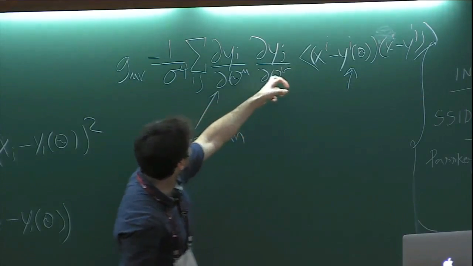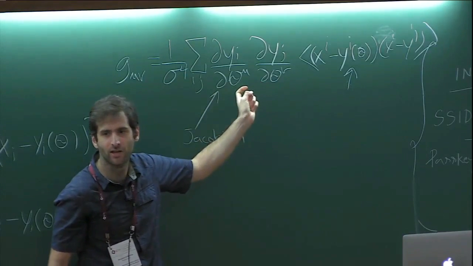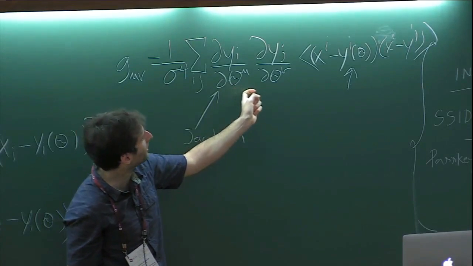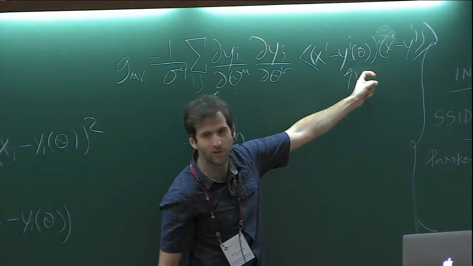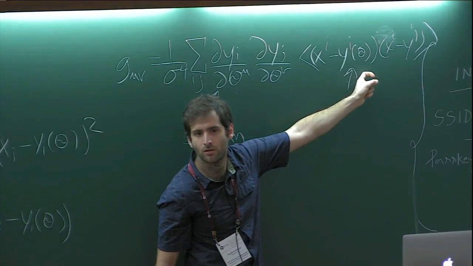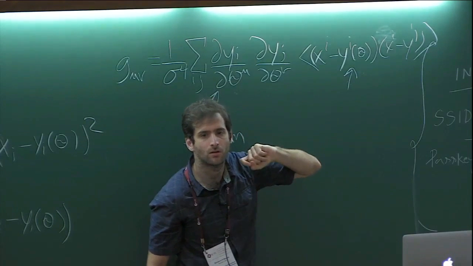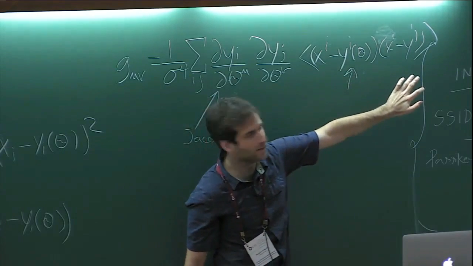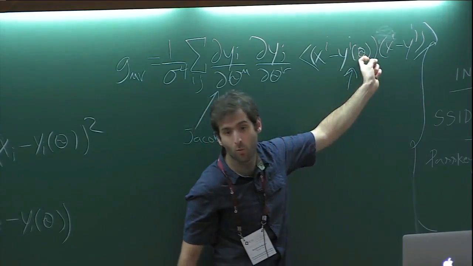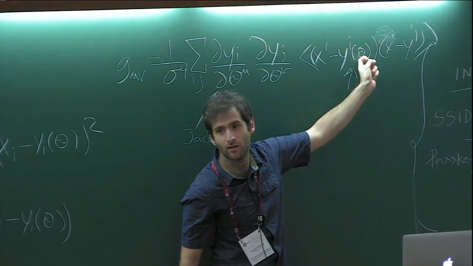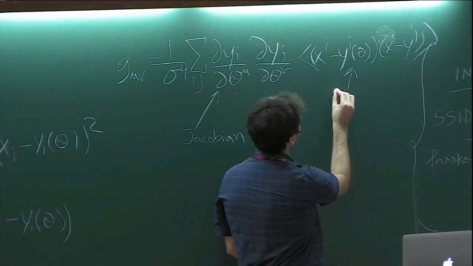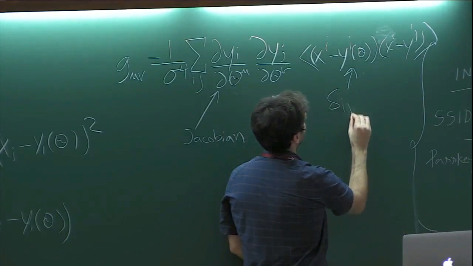So this part here is all deterministic, right? I can take this out of the expectation values, or this does not depend on x, but this part does. So these are Gaussian distributed around y, right? So this is going to be delta ij, right?